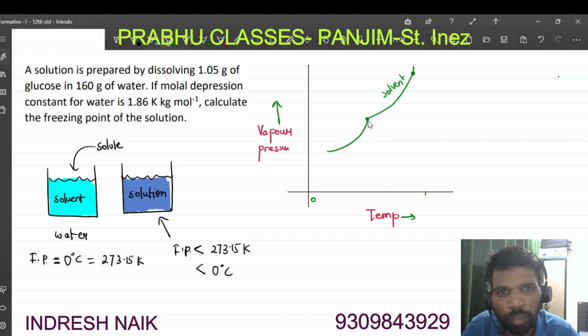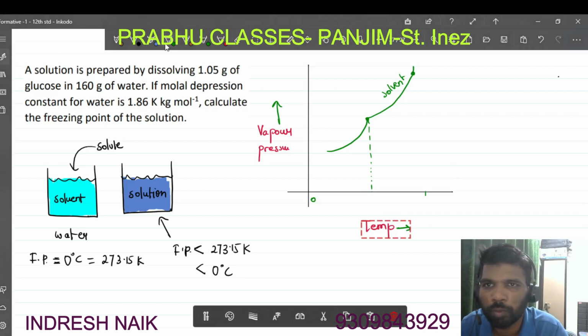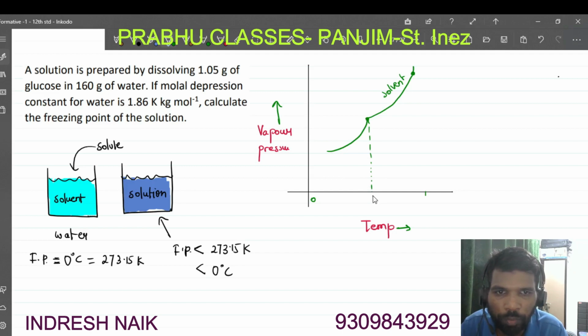This is the temperature you will call T naught F. Naught means pure, the pure solvent.